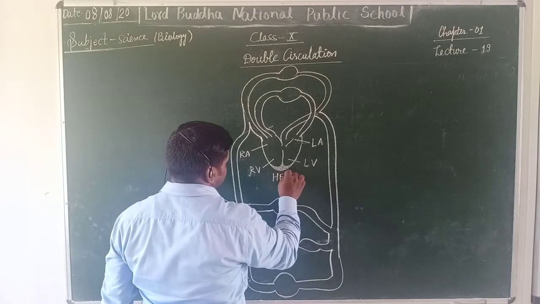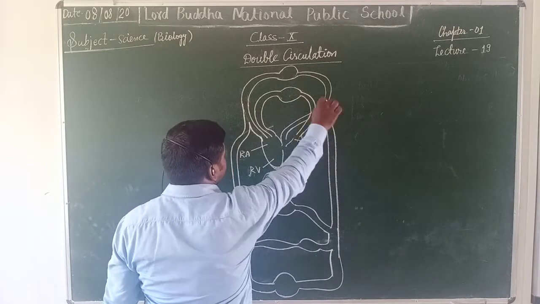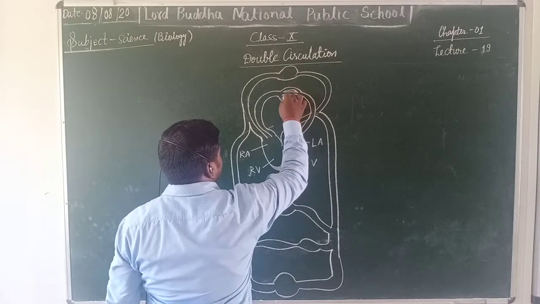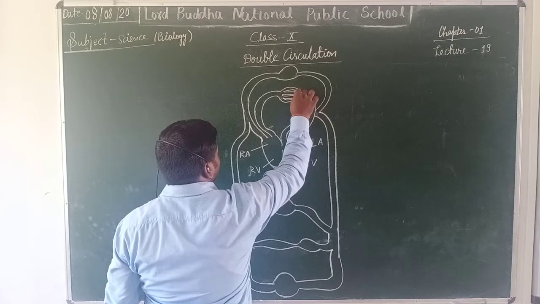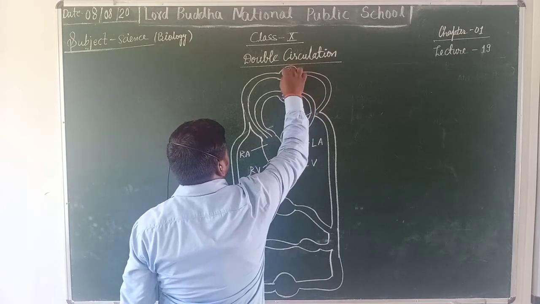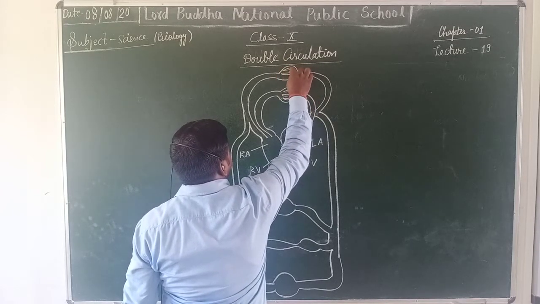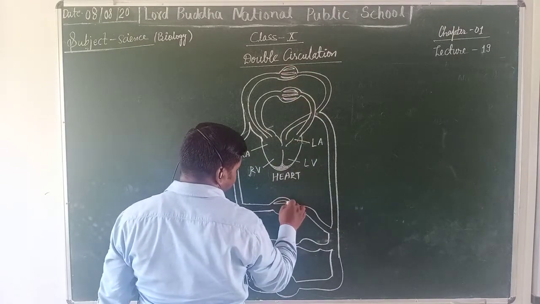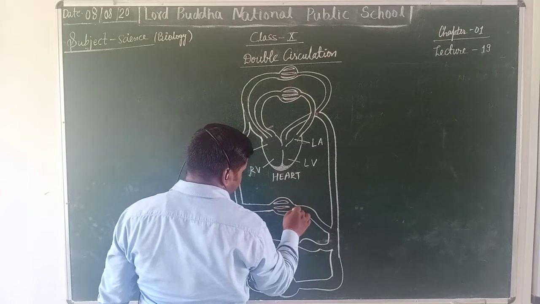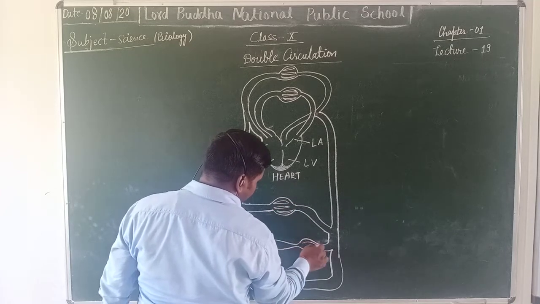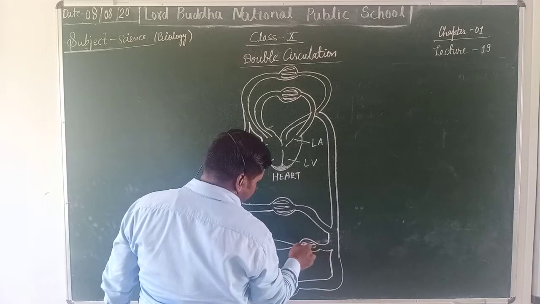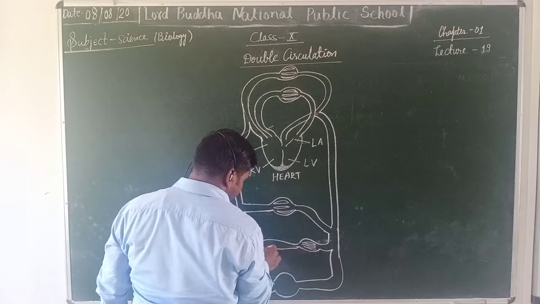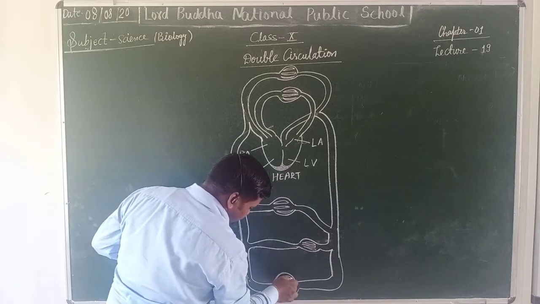This is the heart. That is the network of capillaries which I use to represent the different delicate organs inside our body, where the network of blood capillaries helps in the transportation of essential substances in our body.